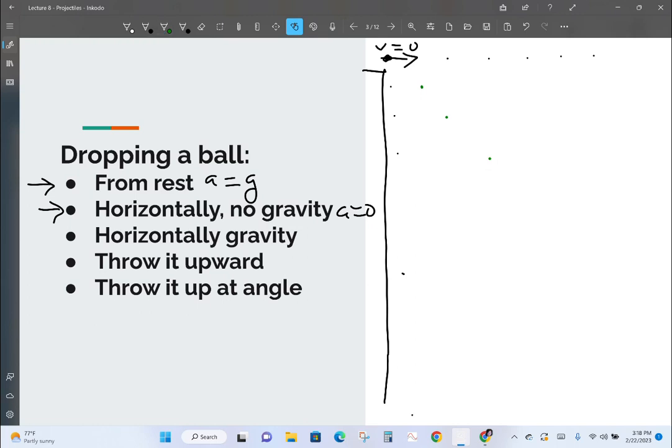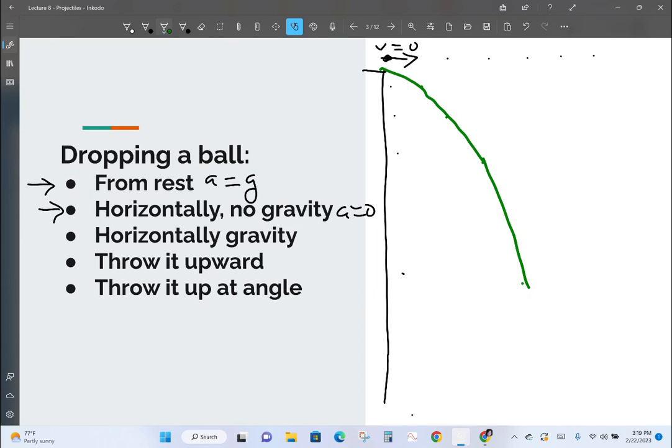Let me fix that. It would drop. And if we trace that path, it would look like a parabola. So it would move forward at a constant rate, but it would accelerate downward. So it has two types of motion.